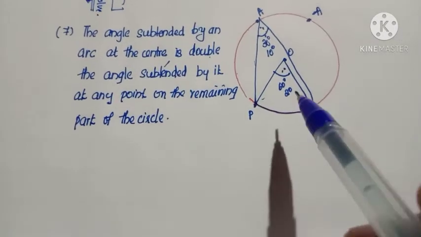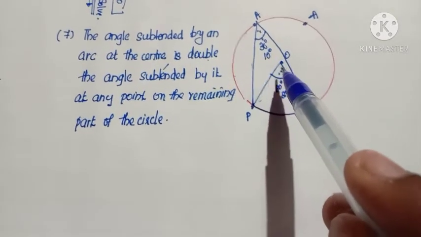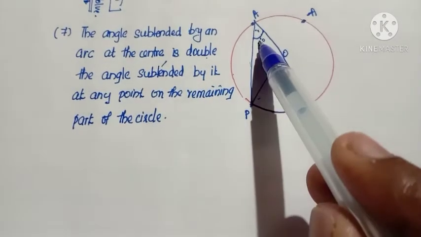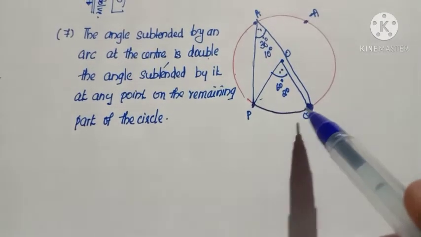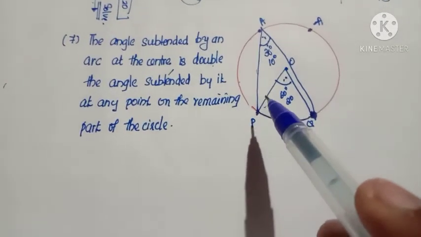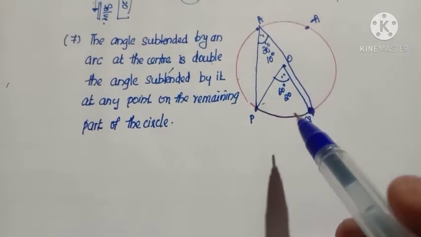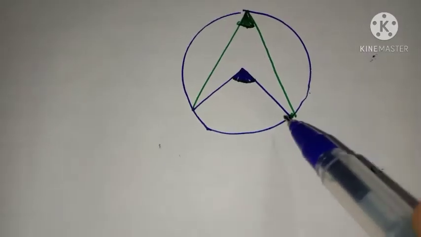In all 3 cases, we can easily prove that the central angle is double this angle, or this angle is half of the central angle. In the proof, we will see only one case and we can extend the same proof to the other cases also. So let's see the proof of the theorem.